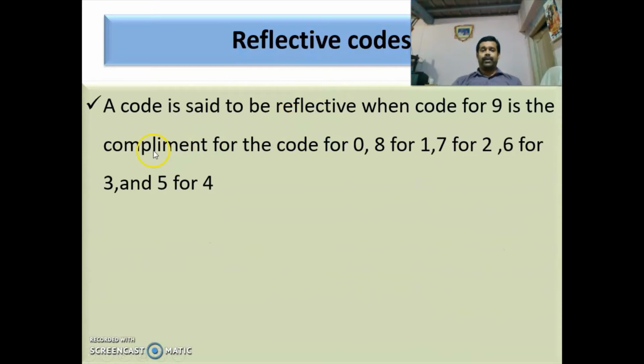Next is reflective codes. So what is a reflective code? A code is said to be reflective when the code for 9 is the complement of the code for 0.